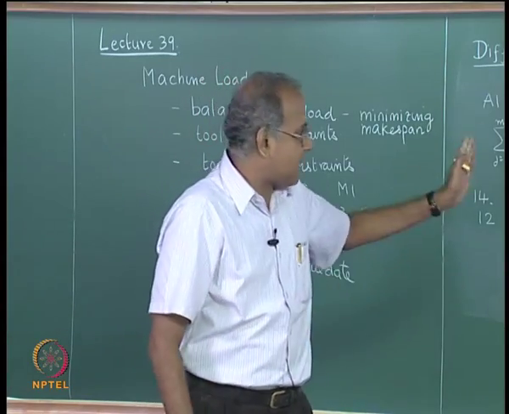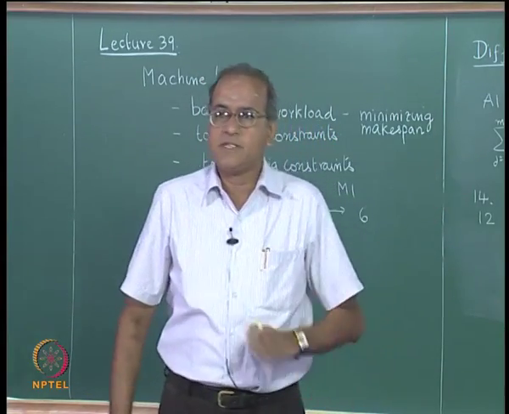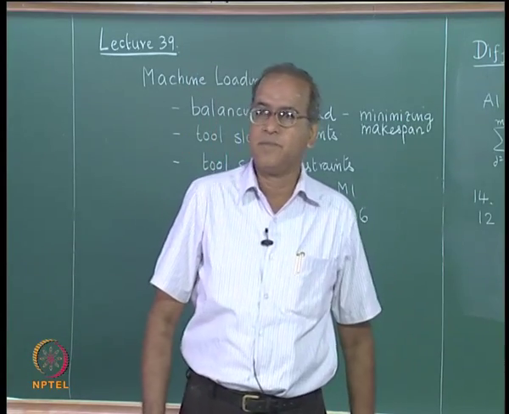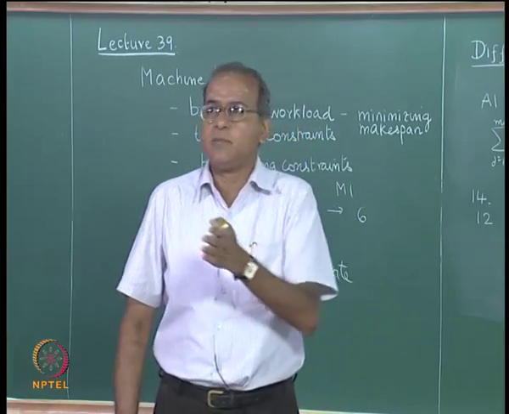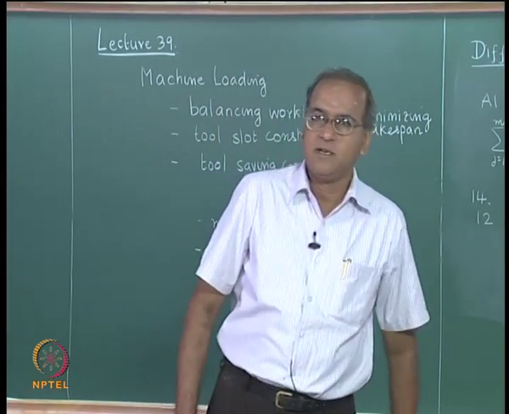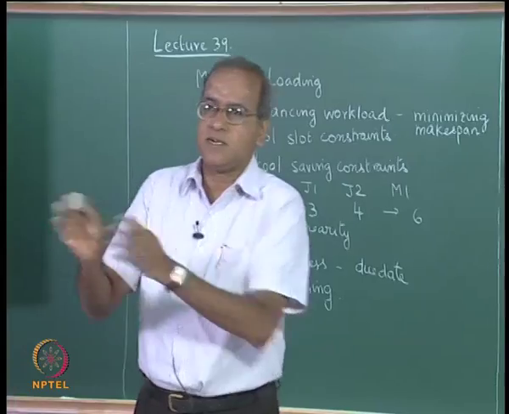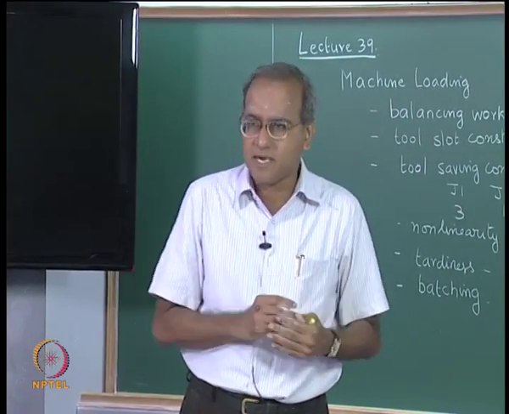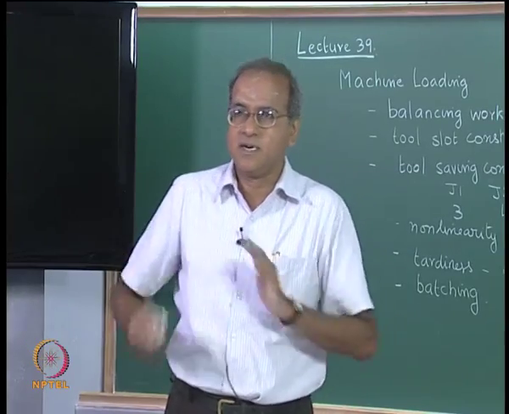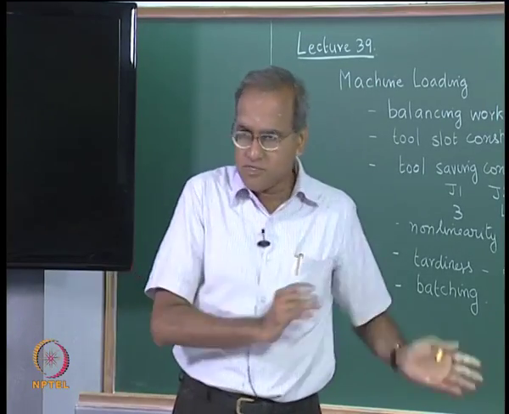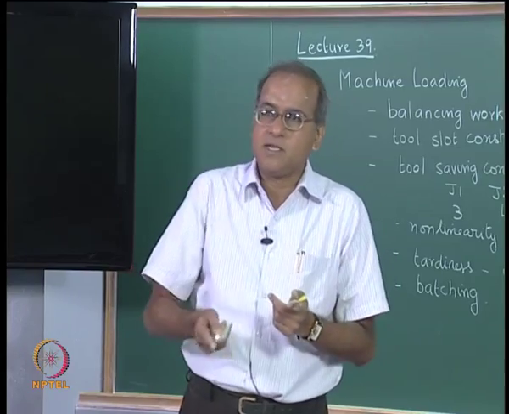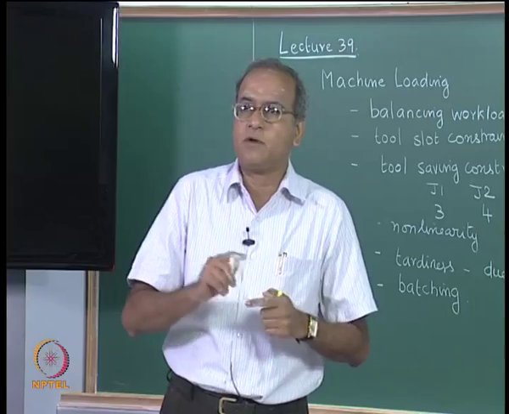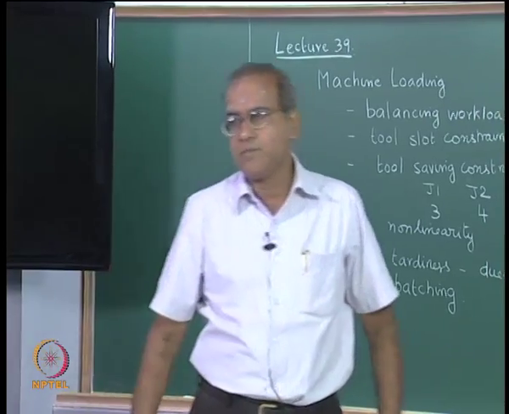So, the processing time does not come into the picture, we simply maximize the number of jobs that can go to the first batch, such that the tool constraint is satisfied. Similarly, maximize the number of jobs that go to the second batch such that the tool constraint is satisfied. Then remove those jobs, and then from the remaining jobs solve this problem again to maximize the number of jobs that go to the second batch, and so on.